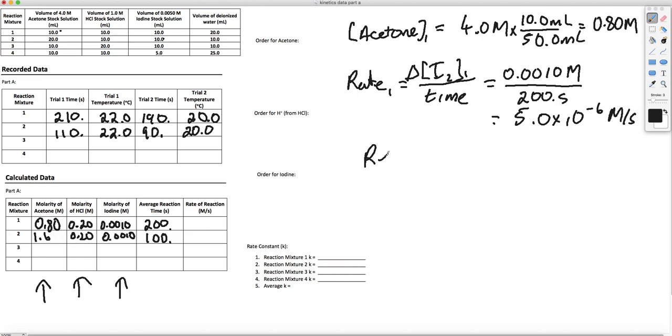Now we do the same thing with rate 2, and that comes out to be 1.0 times 10 to the negative 5 molar per second, applying the same formula. So I'm going to put those results in here: 5.0 times 10 to the negative 6 and 1.0 times 10 to the negative 5.